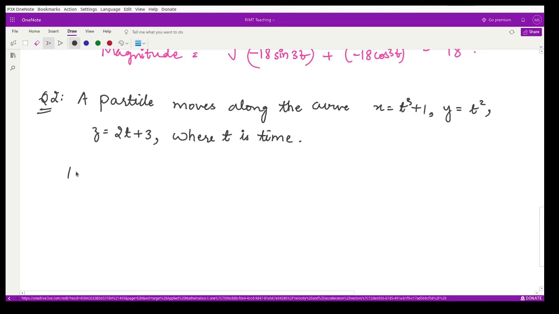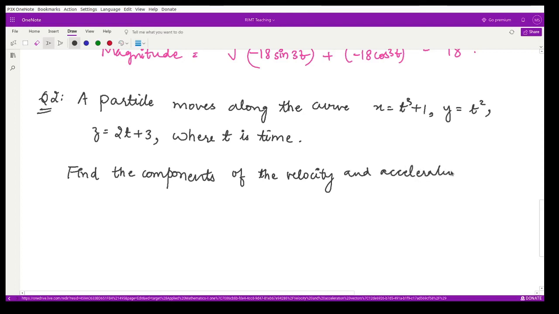Then you are asked to find the components of the velocity and acceleration at time t is equal to 1 in the direction of i cap plus j cap plus 3k cap.